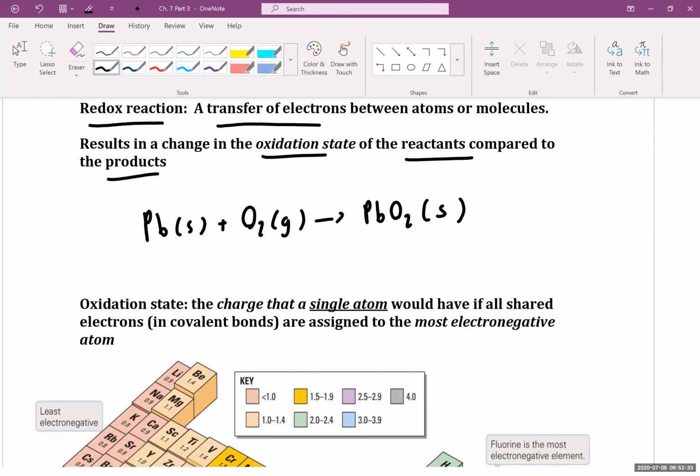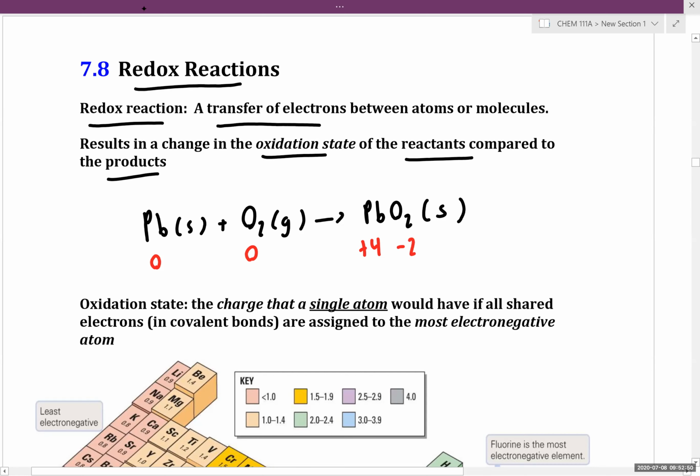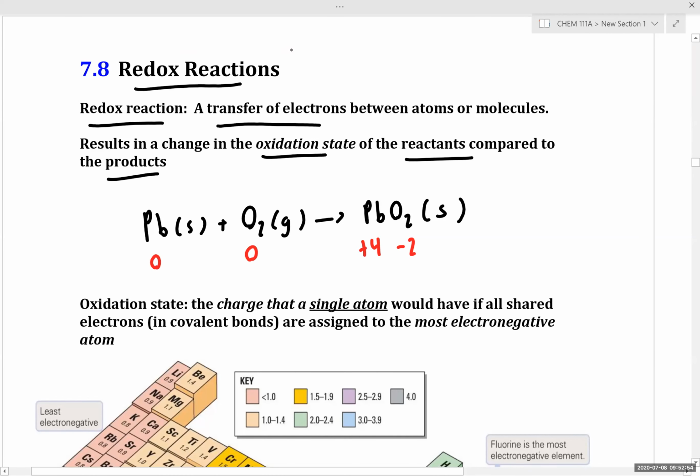Now, if we look at the charges of lead and oxygen, lead and oxygen both have a 0 charge in our reactant. In lead 4 oxide, lead now has a +4 charge and oxygen has a -2 charge. So we clearly see that there's a change in the number of electrons or the charge of each of our atoms before and after this redox reaction.